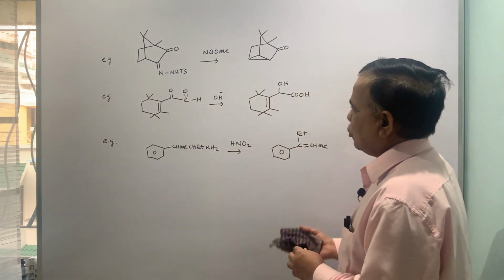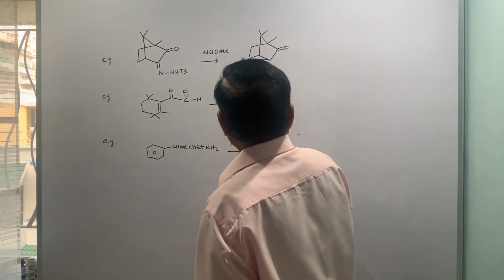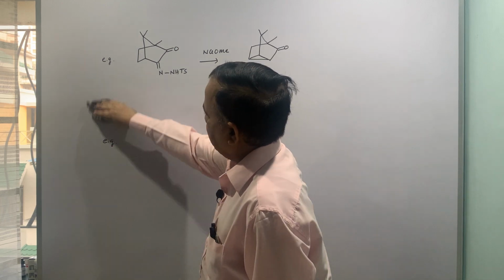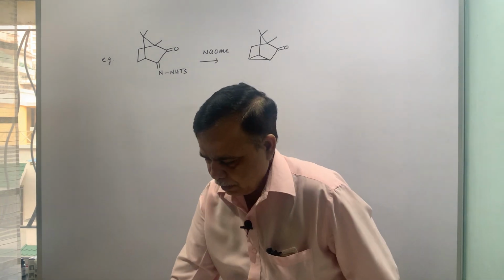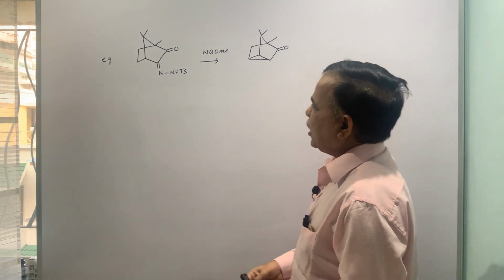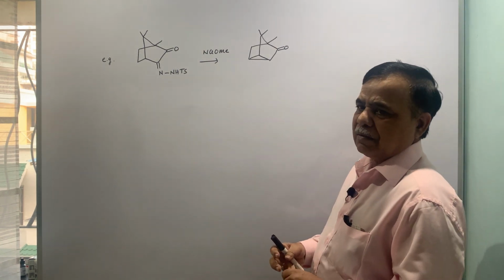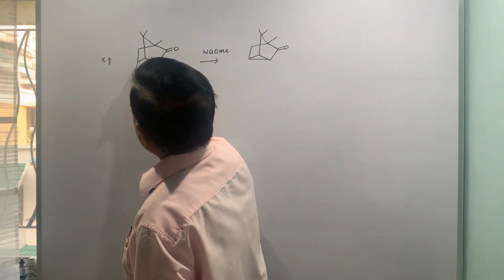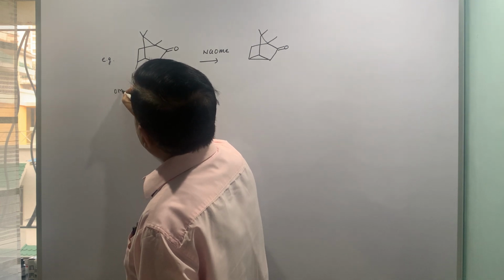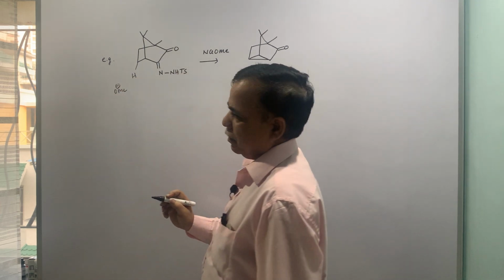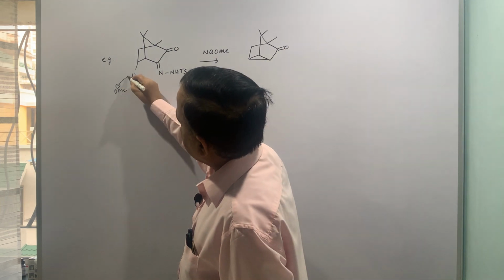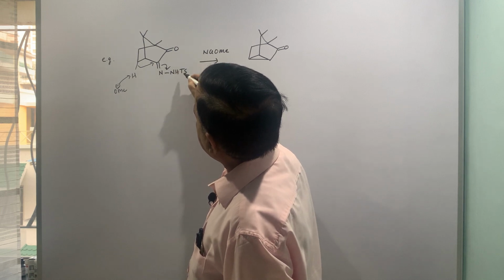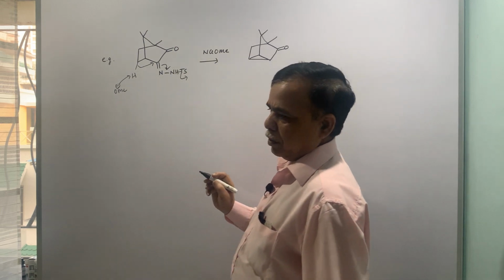So, we will see the reaction mechanism pertaining to all these three, and of course, we will be doing some more examples also. Now, let us look at the first example, wherein we are dealing with the tosylhydrazone. If you recollect, this is a name reaction and the name is the Shapiro reaction. The proton which is here, now if this goes off, this comes here, and this is the leaving group.